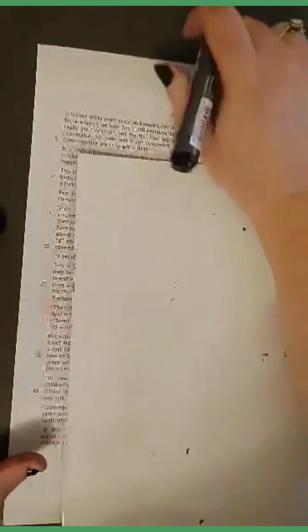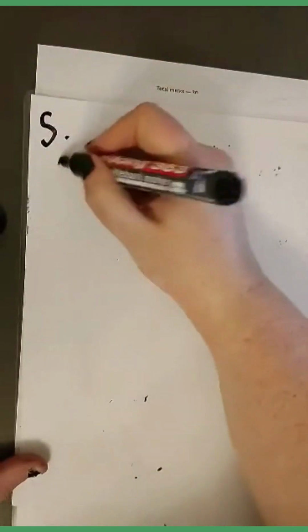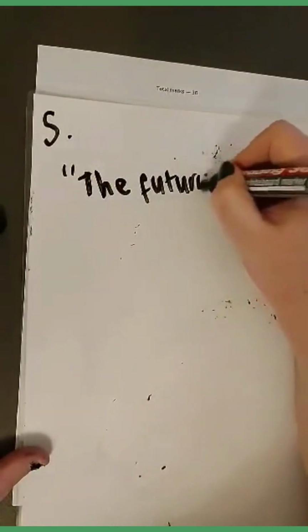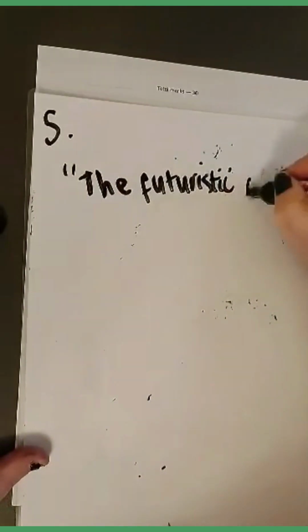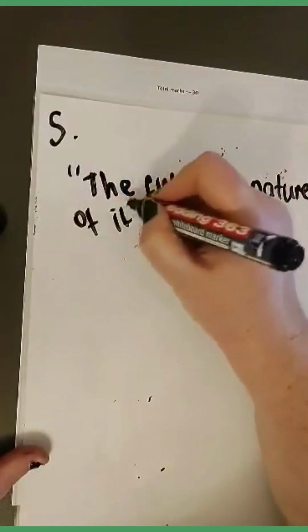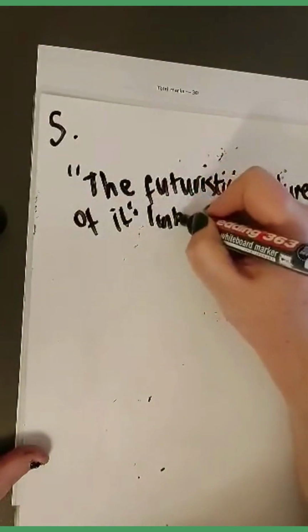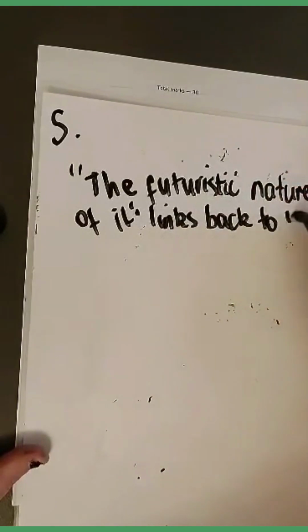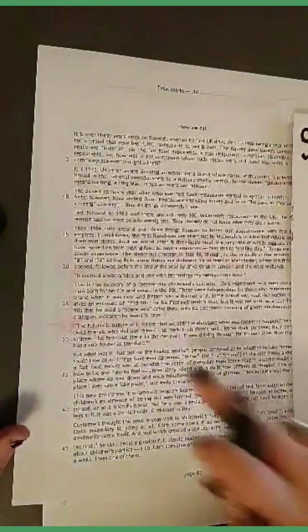Okay, and we're going to use that structure. So this was question 5, and we're going to quote the first bit of that sentence. The futuristic nature of it, and we're saying that it links back to, then we're going to quote, and it was this bit here, space age drive-thrus.